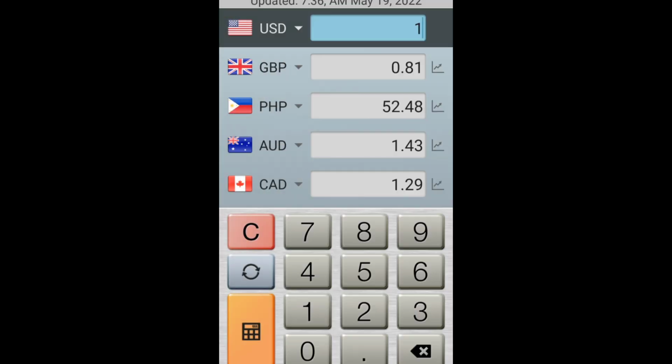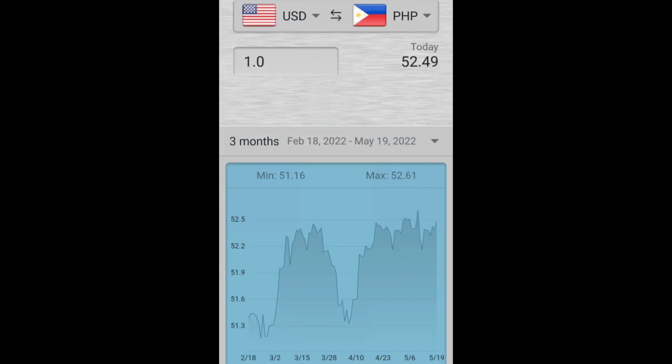US dollar to Philippine peso. 1 US dollar is equivalent to 52.48 Philippine peso as of today. Let's check the historical data. Here's the data.